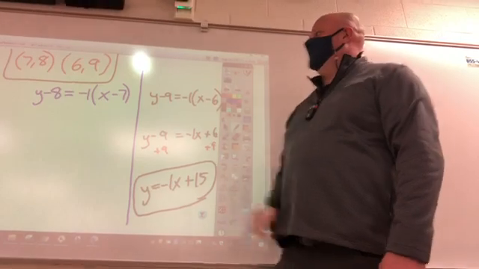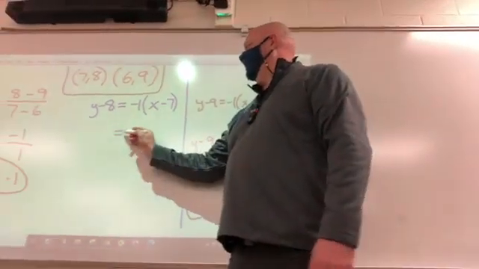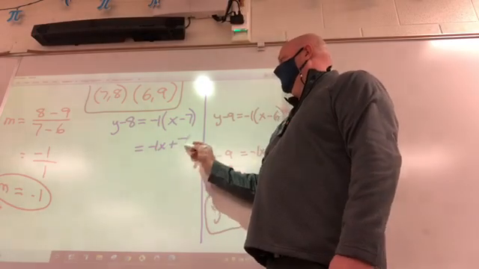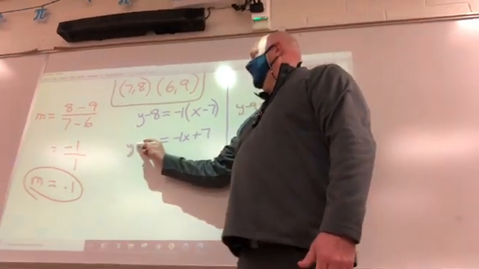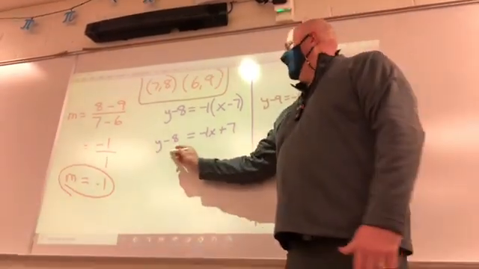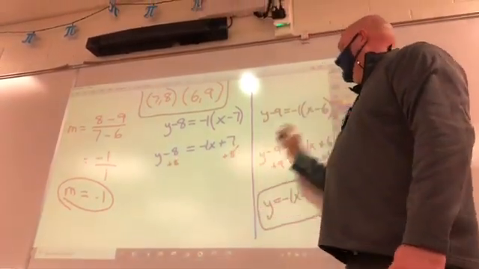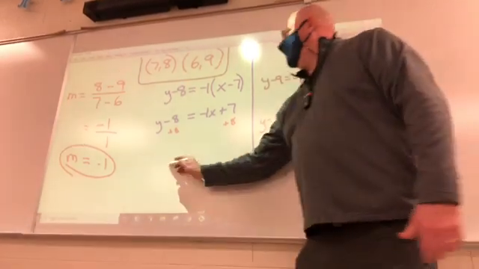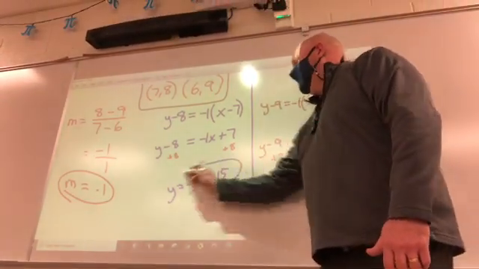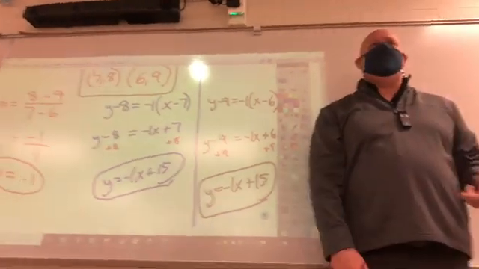Well, what would happen if I distributed here? I get negative 1x plus 7. And then, how do you get rid of a minus 8? You add the 8. And you get negative 1x plus 15. So sure enough, you would get the exact same thing.